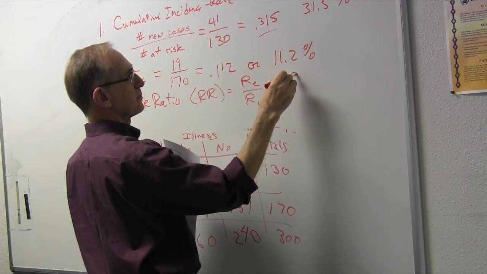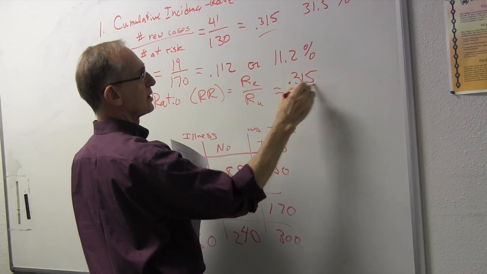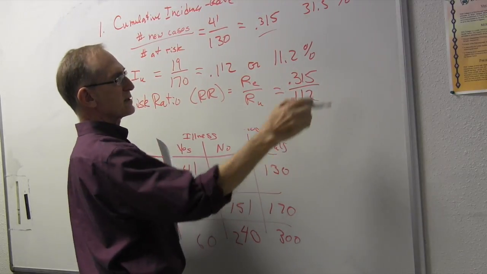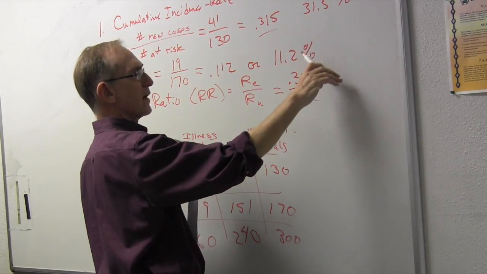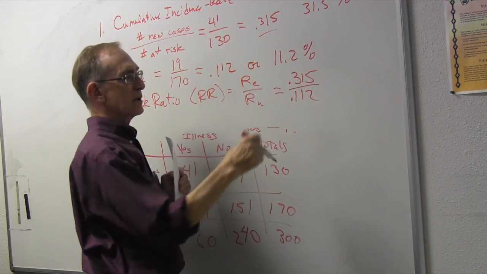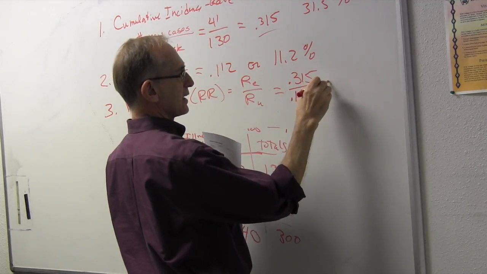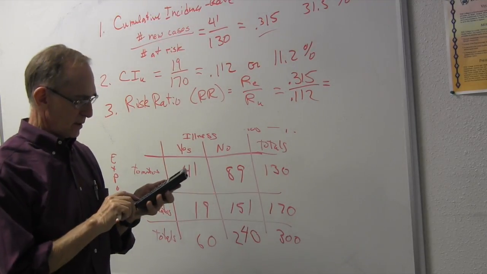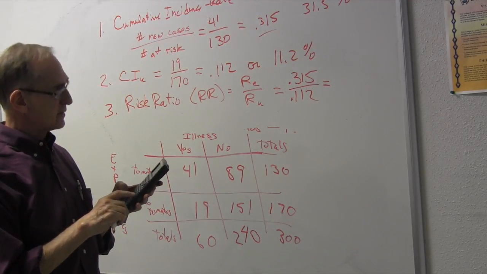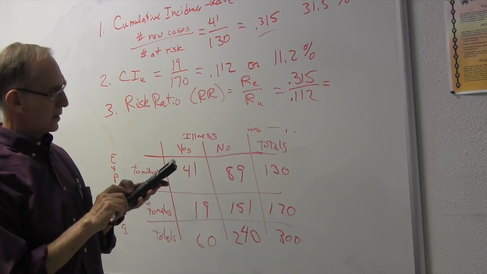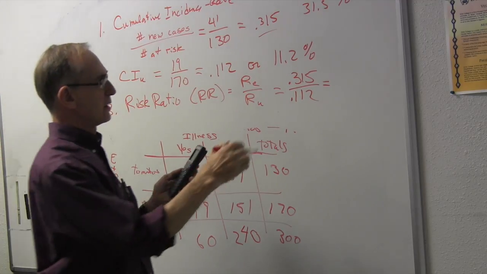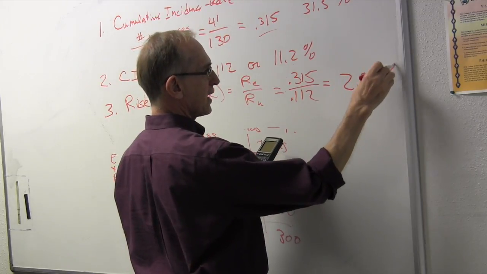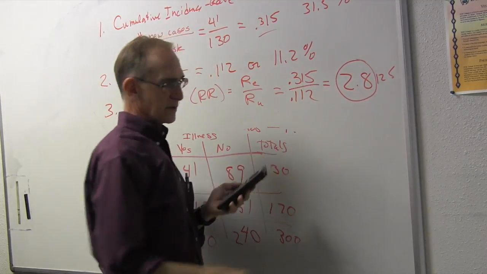If you're going to use the decimal form of the exposed one, use the decimal form of the unexposed. You would get the same answer if you put 31.5 over 11.2. It would come out to exactly the same number. So 0.315 divided by 0.112 is 2.8125. We'll just settle for the 2.8.